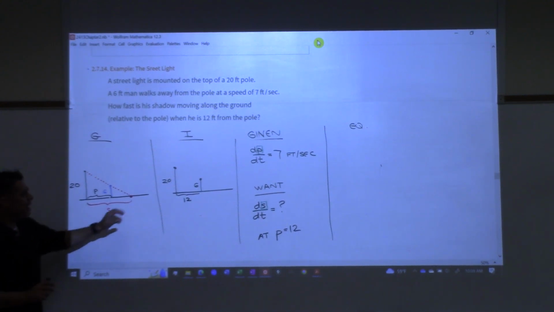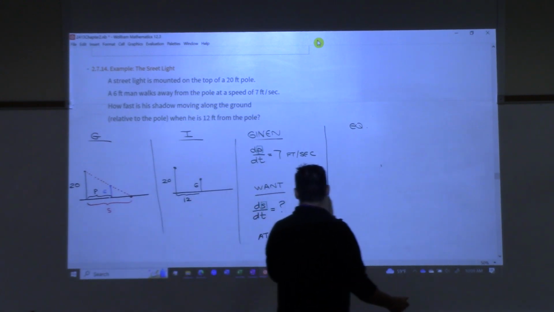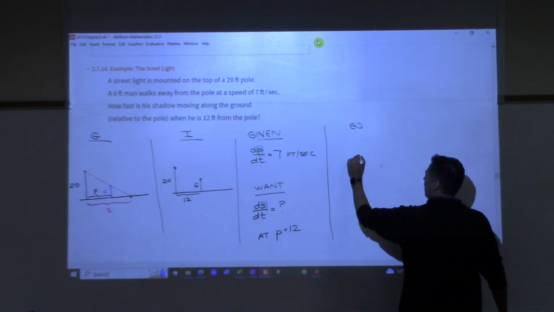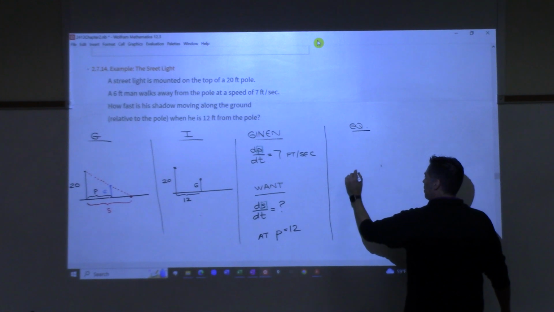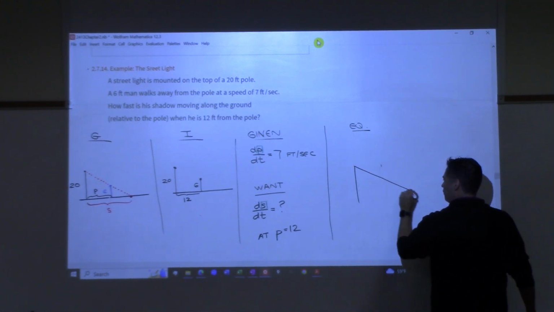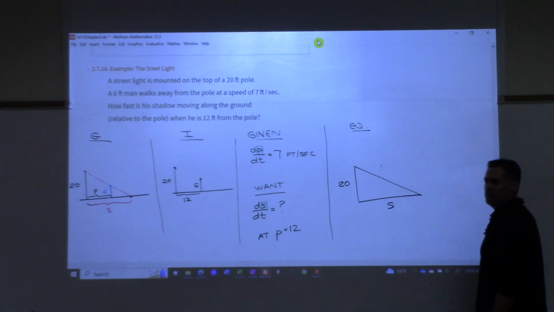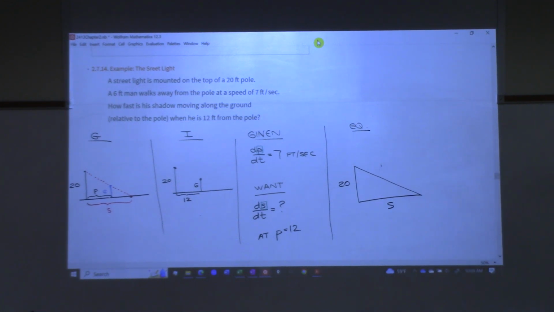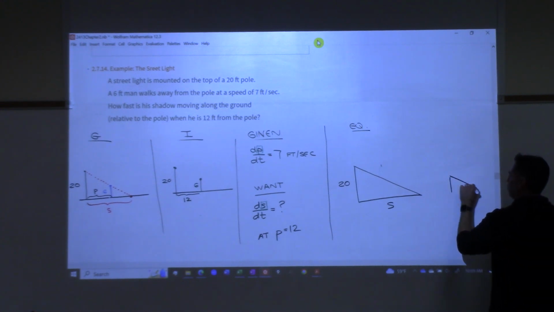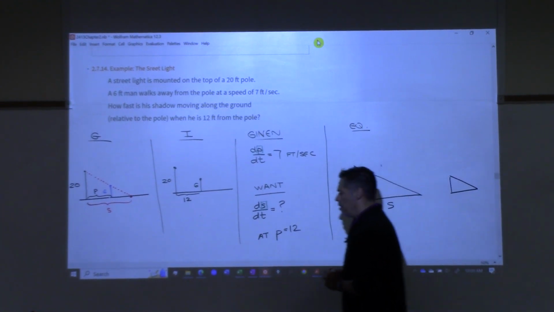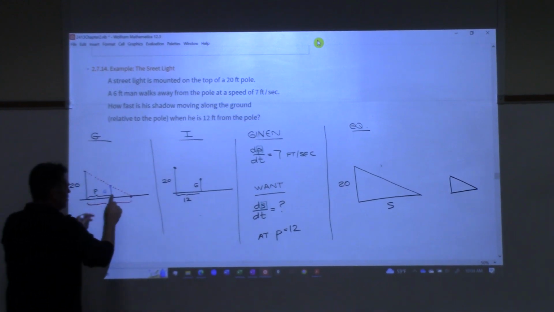So before I get to the equation, let me describe what I'm talking about. We have a big triangle, 20 and S, that's that big outer triangle. Then we have a smaller triangle, this one right here.